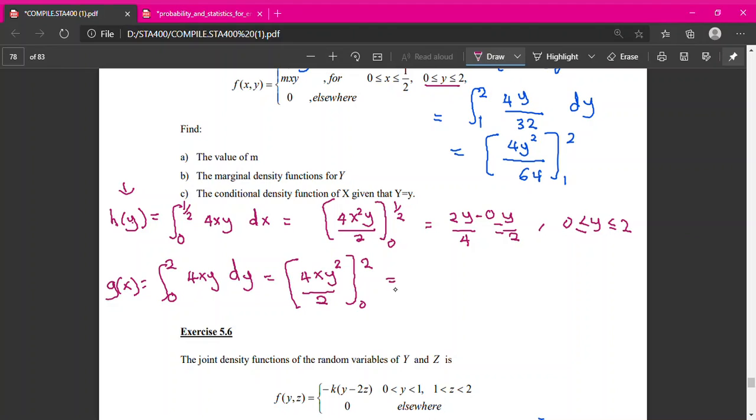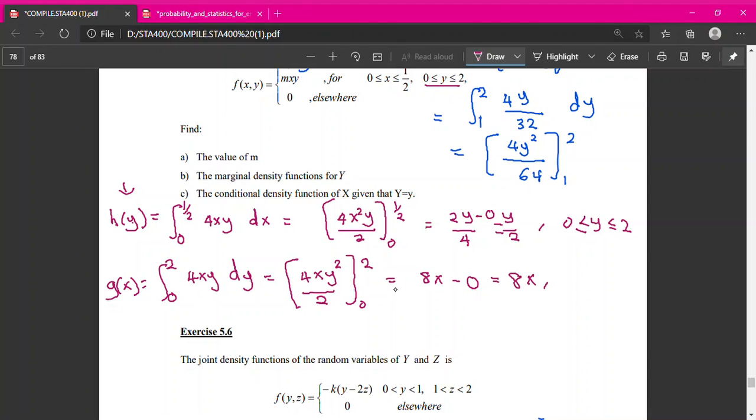Replacekan 0 and 2 here in y, not x. So you akan dapat 2 square will be 4. 4 multiply 2 will be 8x minus 0. Bila kita replace y dengan 0, altogether here will be 0. So the answer will be 8x.